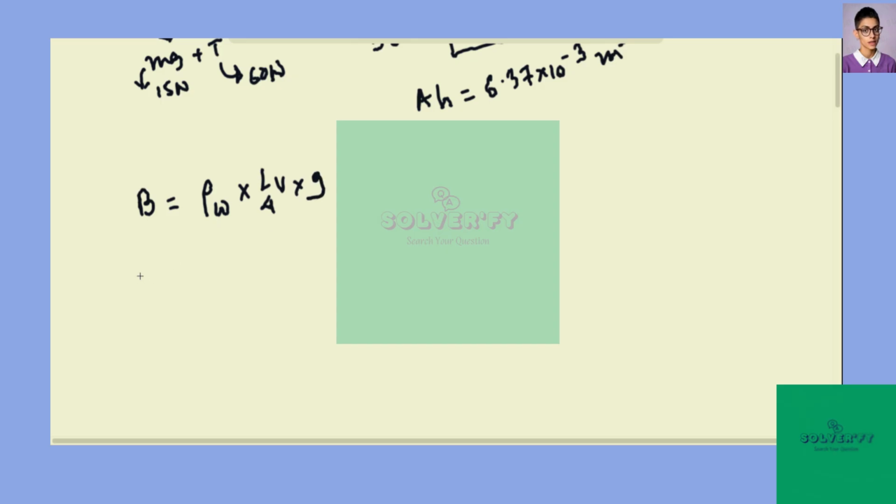So from here we can find that the volume equals the total buoyant force, which we initially found to be 25 Newton, divided by, so the 4 goes upstairs, and then rho water is 1000 times 9.8, equals 1.02 times 10 to the negative 2 meter cube.